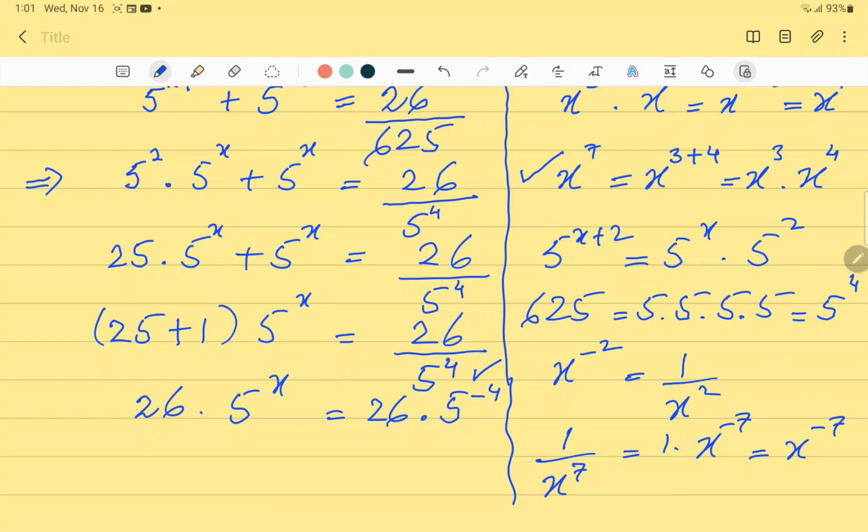Okay, now we divide both sides by 26. So 26 into 5 raised to the power x over 26 equals 26 into 5 raised to the power minus 4 over 26.